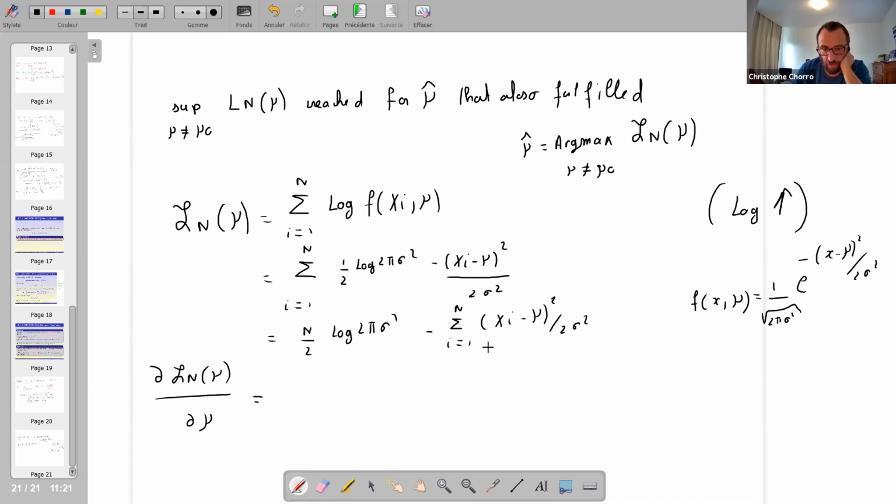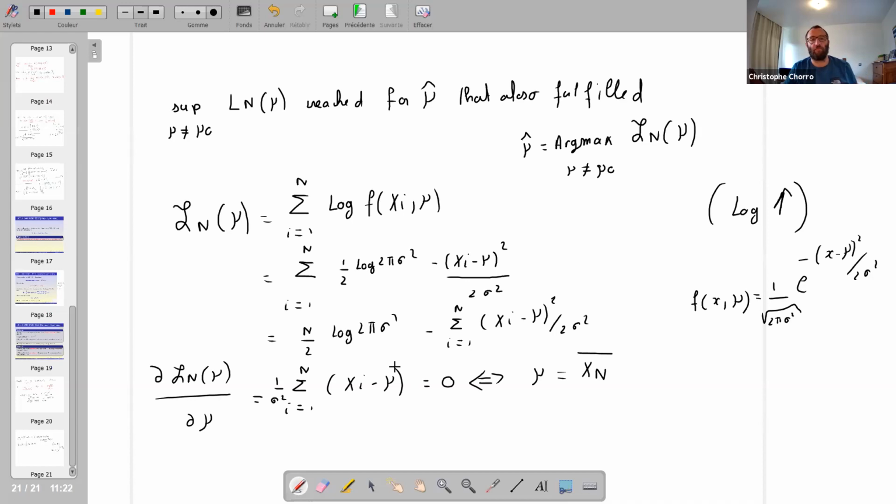For this one 0, and here I obtain a 2 with a minus, because I have minus inside here, so I obtain the sum from i equal to 1 to n of 1 over sigma square times (xi minus mu). And this derivative is equal to 0 if and only if mu is equal to what? The one that makes this equal to 0 is xn overline.